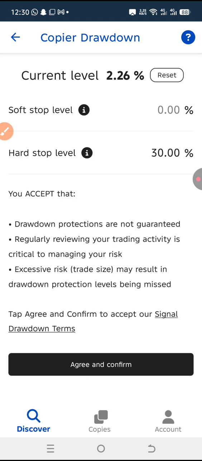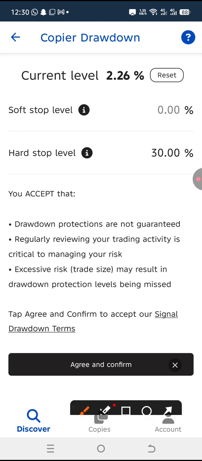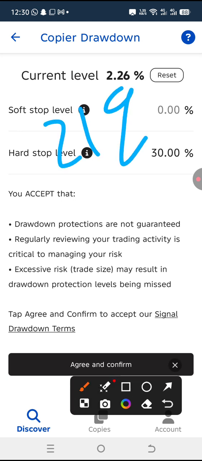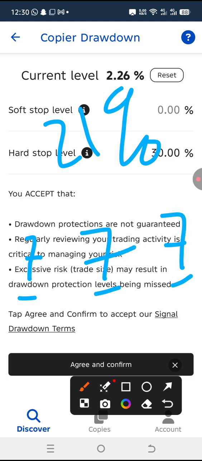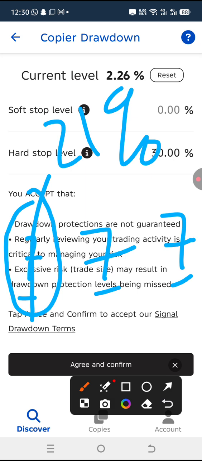Look at this stage. This particular trader that we'll be copying is having about 21% stop loss. That is because he's trading three major pairs and each of the pairs is on a 7% stop loss. So if one of the pairs goes 7% deep, it will stop that particular trade.